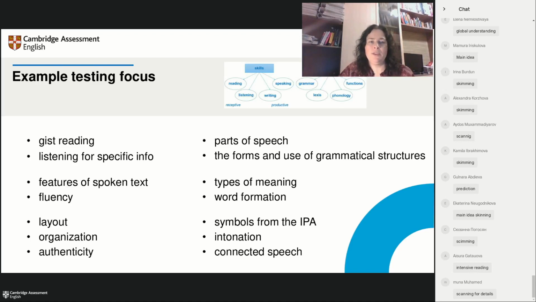How about this? Layout, organizational features, authenticity, what area do they belong to? Who can help me? Yes, definitely. It is about writing. If you're using the product approach to writing, perhaps you focus on the layout.